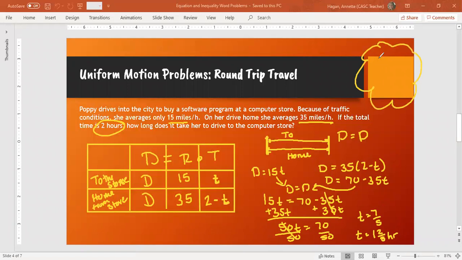We know an hour is 60 minutes, so 2/5 of 60 minutes is 2/5 times 60. That goes in there once, that goes in there 12 times. We have 24 minutes. So 1 2/5 of an hour is 1 hour and 24 minutes.